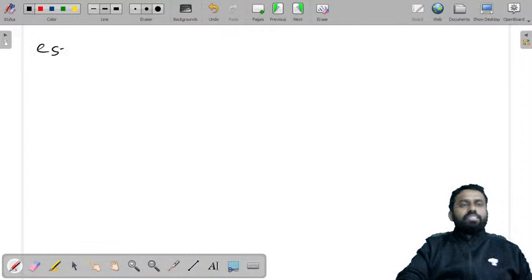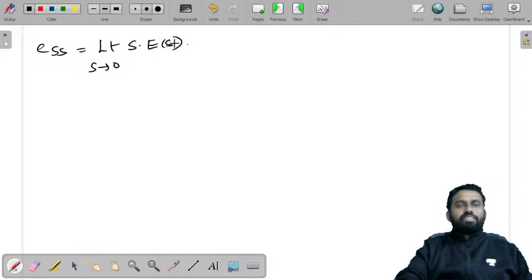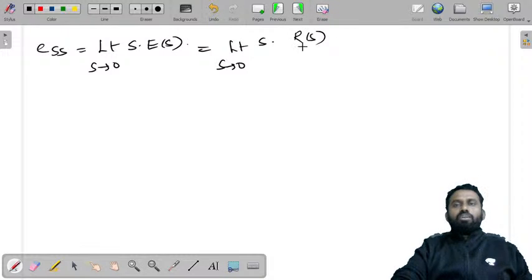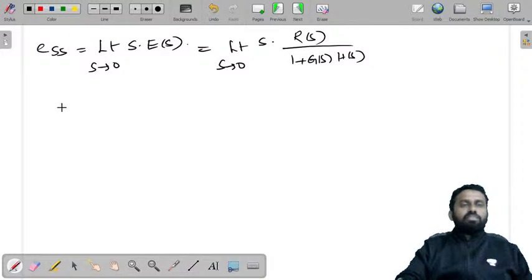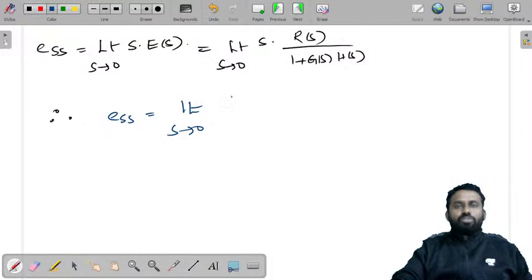We already know what is E of s. So ESS is equal to limit s tends to 0 s into R of s by 1 plus G of s into H of s.